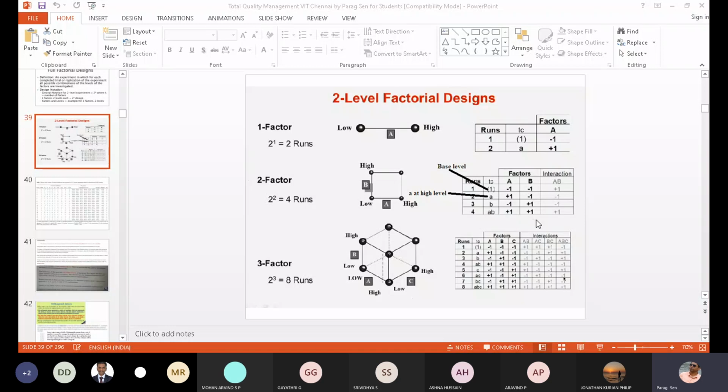This column represents the levels of the main factors, and these columns the levels of the interactions. But we have not discussed this particular column TC. What does TC mean? TC means treatment combinations.